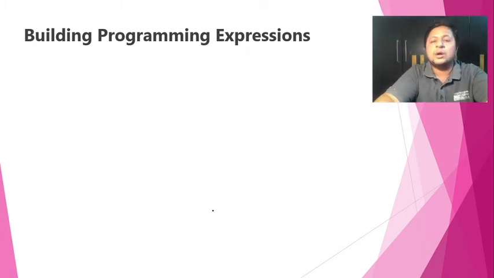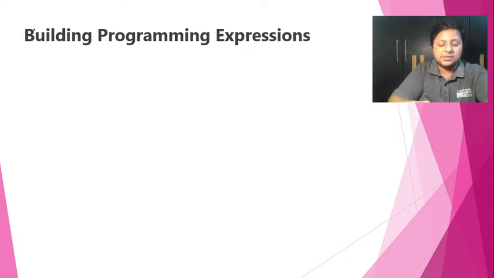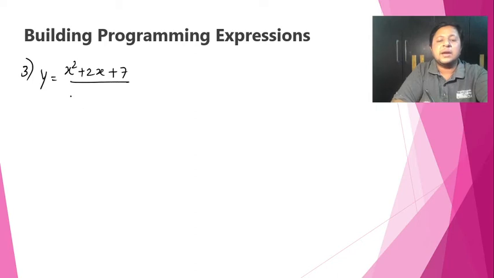Let us try to take more examples. Suppose I have something like this, let's say y is equal to x square plus 2x plus 7 divided by 3x square minus 4.